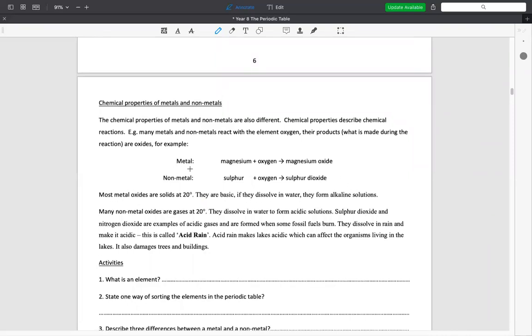Most metal oxides, the ones at the top, will be solids at 20 degrees Celsius. And they're quite basic, which basically means that when you dissolve them in water, they form alkaline solutions.